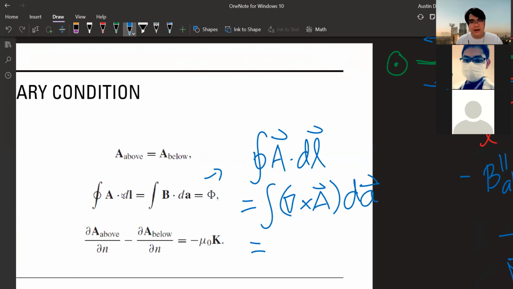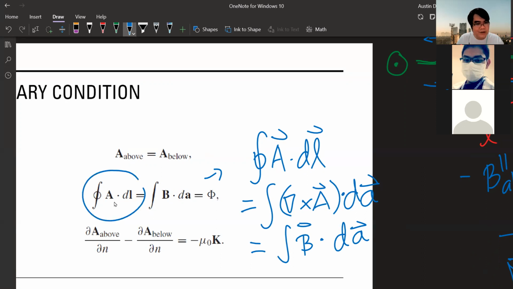And del cross A, we know del cross A is just B dotted with dA. Which is nice, no? Ito ay parang Ampere's law for your magnetic vector potential.